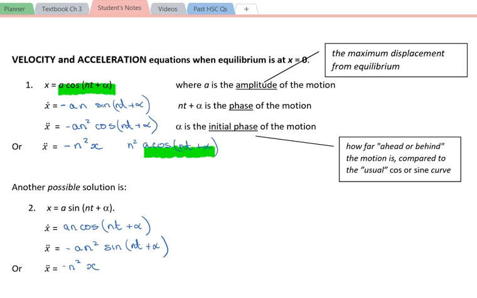Oh, and I lost the minus sign. It should have had a minus. That part could be replaced with x, and so we could have that acceleration is minus some constant squared times displacement.